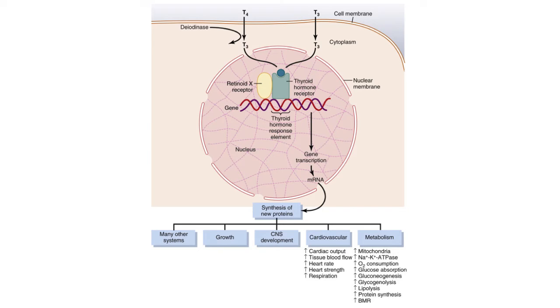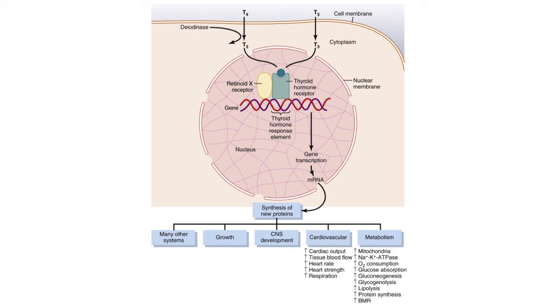So you will see here in this image the mechanism of action of thyroid hormone. So, appreciate that at the top of this image in the cell membrane, T4 and T3 can eventually enter the cytoplasm. And that is because T4 and T3 are lipid-soluble hormones, even if the nature of the hormone is a peptide.